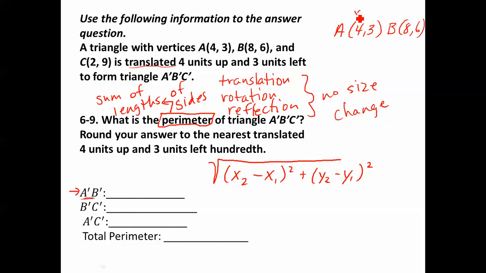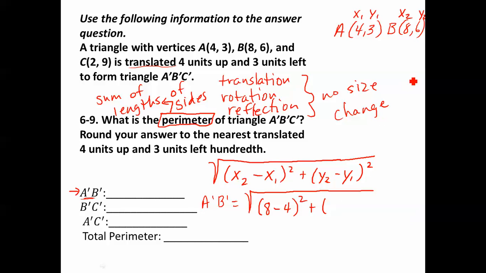So I'm going to label my points x1, y1, x2, y2, and then I'm going to fill out my formula. So for A to B, A prime to B prime, I would put in x2 is 8 minus 4 is x1 squared plus y2 is 6 minus 3 squared.